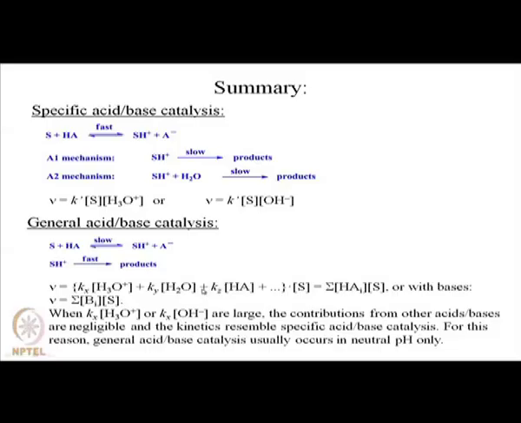But this acid base catalysis has two kinds: one is specific acid base catalysis, and the other is general acid base catalysis. Specific acid base catalysis occurs when we take acid or base to a large extent. So, the contribution from water or from HA becomes negligibly small, and the general acid base catalysis is converted to specific acid base catalysis.